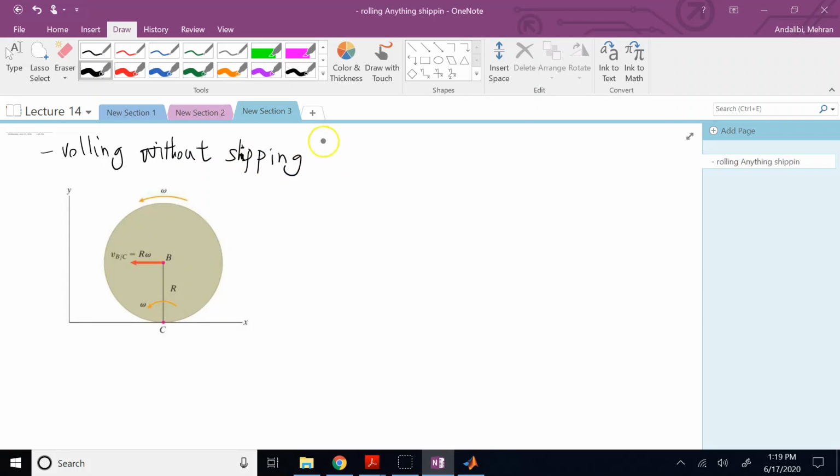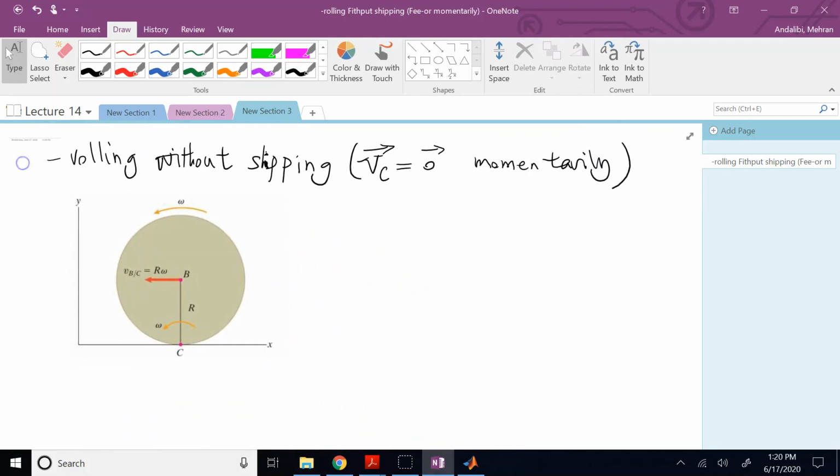And again, without slipping means V of C is 0 at the moment, or momentarily, just at that moment. Okay, so we can show it also. I can show you why it's 0.